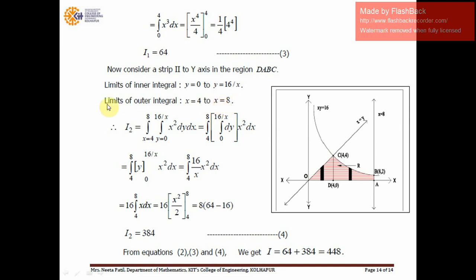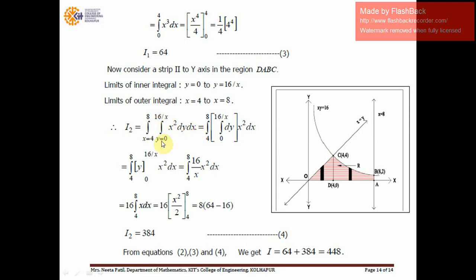So we get the limit of the outer integral x is equal to 4 to x is equal to 8. Now you put the limits of the inner and outer integrals in I2, we get the double integration x is equal to 4 to 8, y is equal to 0 to 16 upon x, x square dy dx.